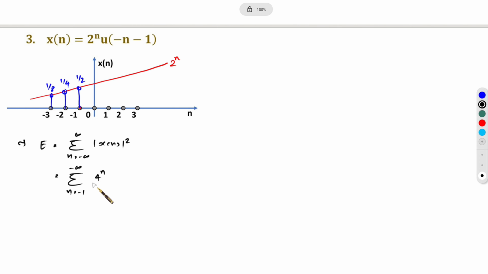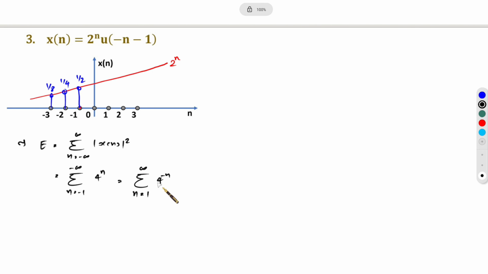And this can be simplified by replacing n with minus n. If you replace n with minus n, then this 4 will be 1 by 4, and small n will now range from 1 to positive infinity, right?